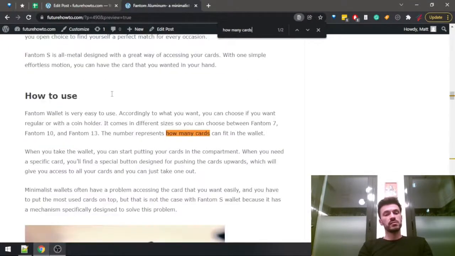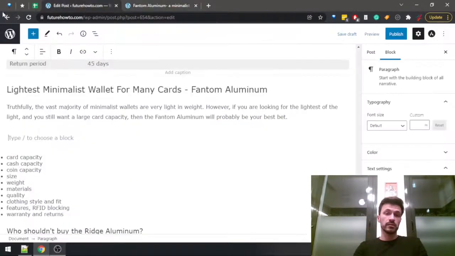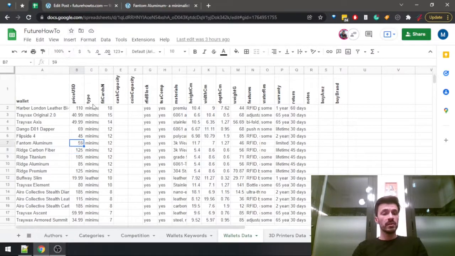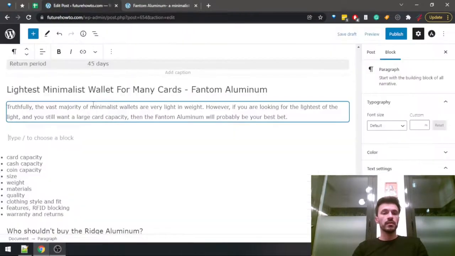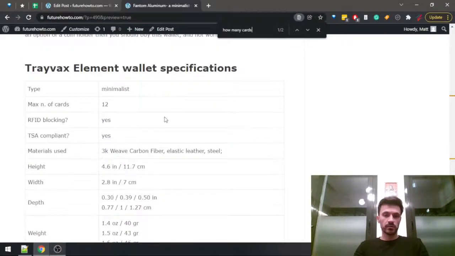Oh yeah, this one actually lets you choose upon buying how many cards you want the wallet to fit. So you can choose between 7, 10, and 13. Let's say that maybe this is 13. And why is it 12 here? I guess I've made a mistake here. Okay.